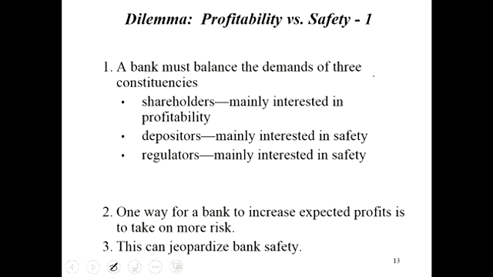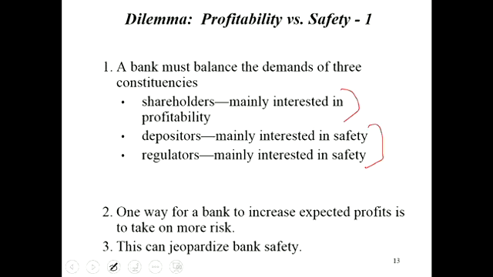And so when we're looking at who cares about what, you've got constituencies that are actually interested in different things. First up, shareholders. If you own shares in a bank, you want a nice profitable bank, so they can pay a good dividend and get capital appreciation. But the other two groups, the depositors and regulators, they're interested in safety. So people who put their money in their bank, they're not seeking a high-risk, high-return type investment.